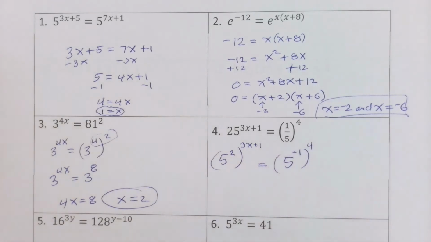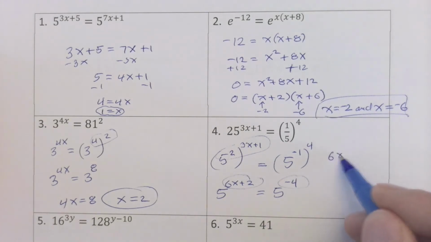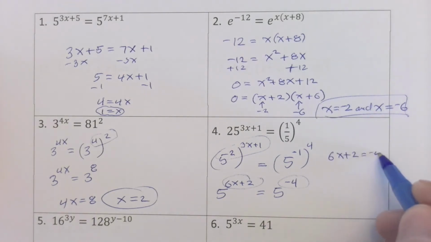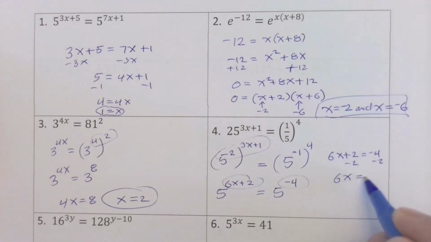So just like in the previous problem, if I multiply these exponents together, I get 5 raised to the 6x plus 2 on the left, and on the right I get 5 to the negative 4 power. Okay, now I have equal powers with equal bases. That means the exponents are equal, so I set those equal. 6x plus 2 equals negative 4. Subtract 2 from both sides. 6x is negative 6, and divide by 6 to arrive at the answer, negative 1.